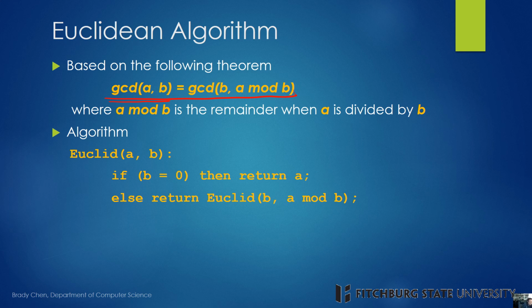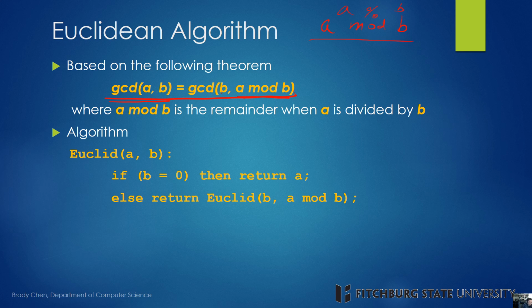So the greatest common divisor of two positive numbers A and B is the same as the greatest common divisor of the number B and A modulo B. We never mentioned that before, A modulo B. In many cases, people use this notation, the percent sign.